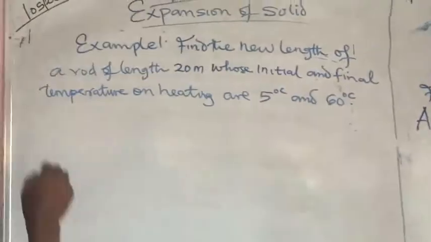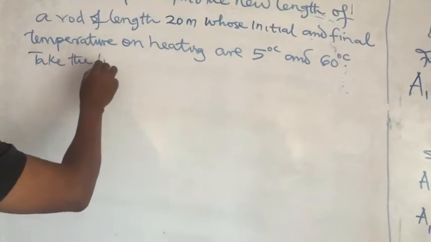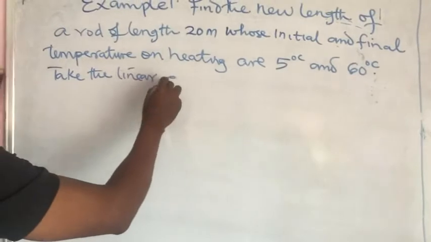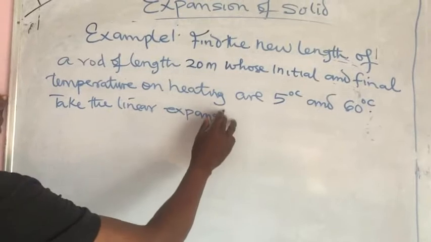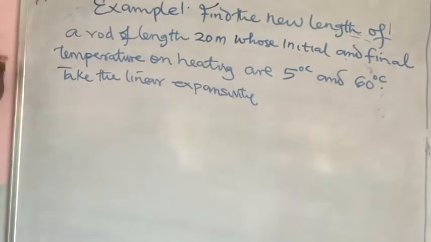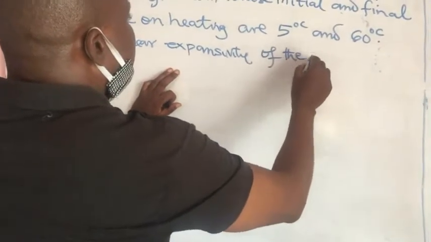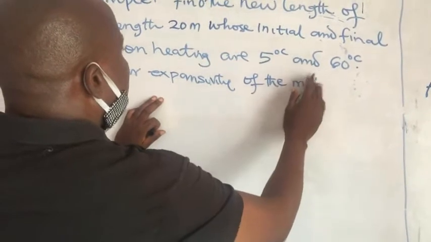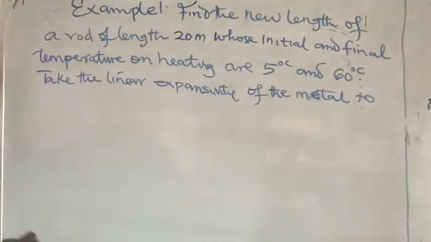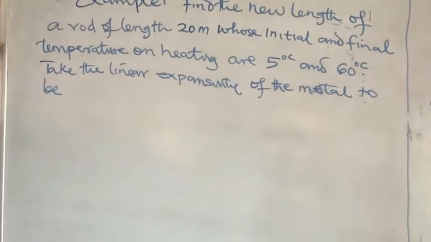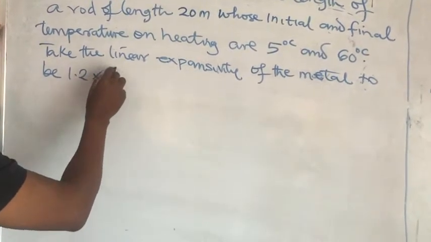Take the linear expansivity of the metal to be 1.2 times 10 to the power minus 3 per Kelvin.